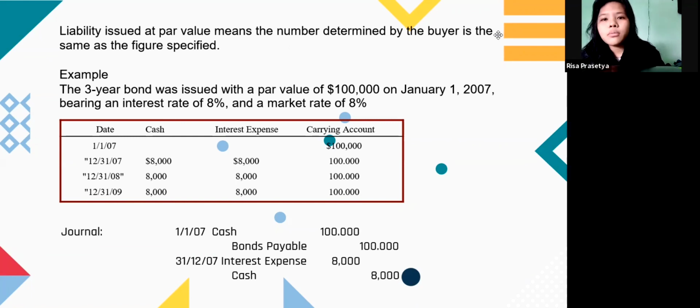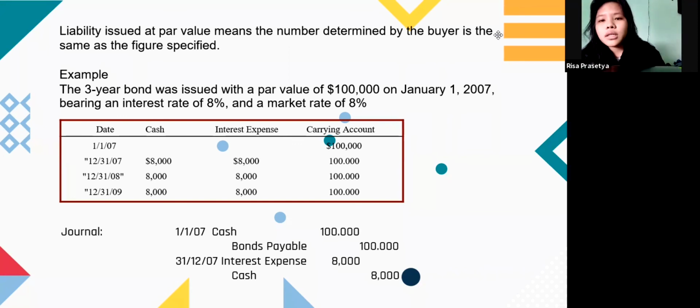On 31st December 2007, cash is $8,000 and interest expense is $8,000. On 31st December 2008 and 2009, it is the same, with cash $8,000 and interest expense $8,000.